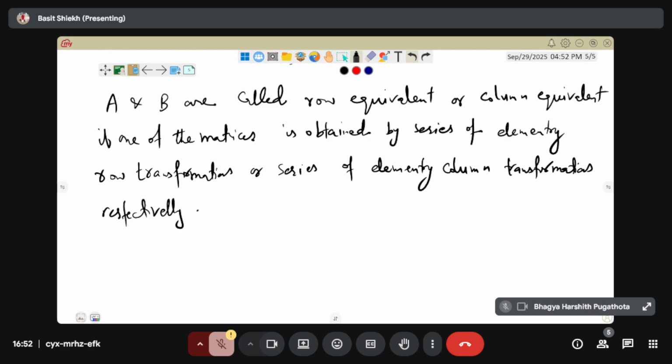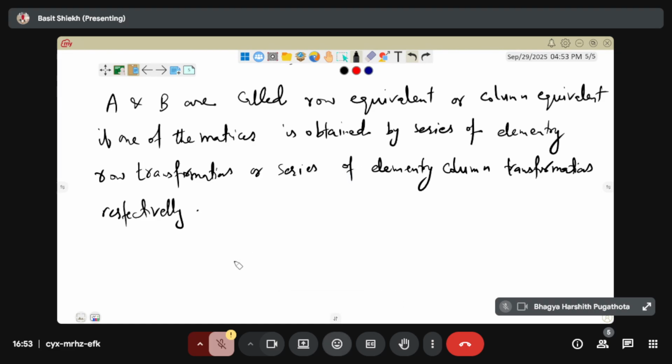Now why are we doing this? Because we have matrix equations. To solve those matrix equations we do this, and we can easily solve some questions based on these. Like if we want to find the inverse of a matrix, this is also a procedure to do.